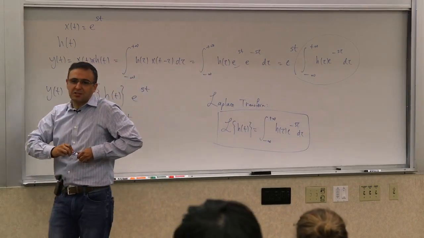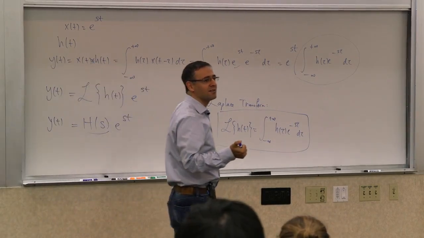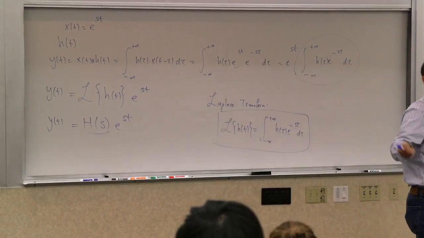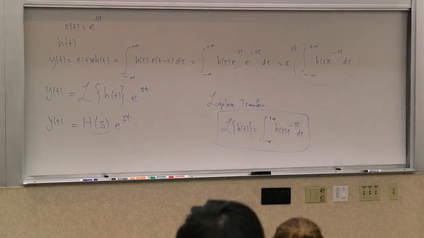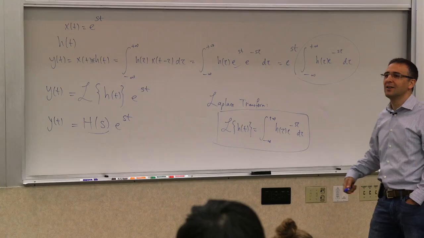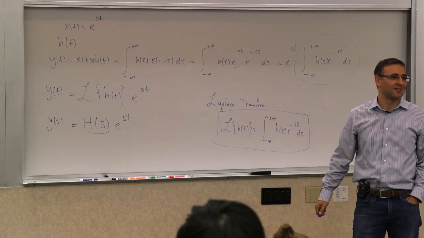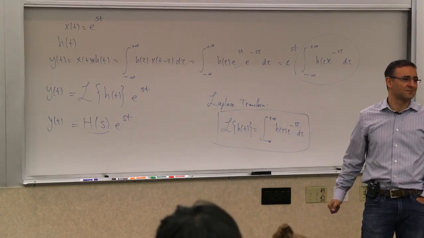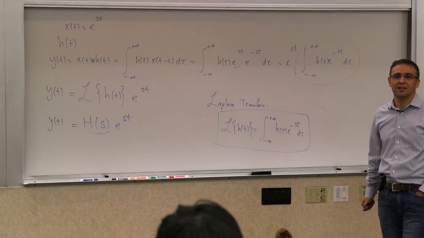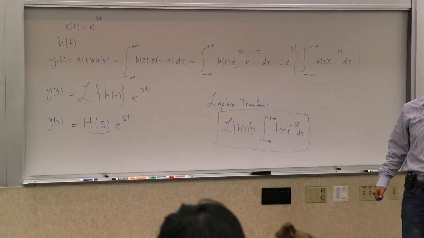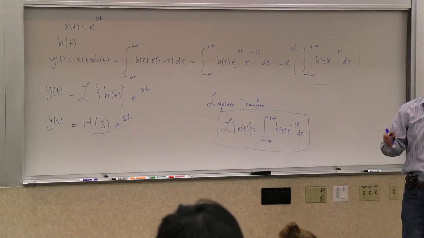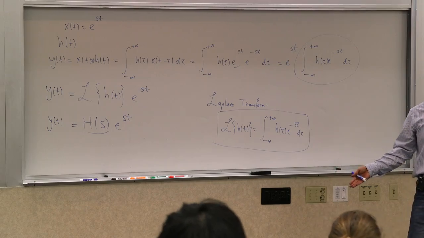So essentially, the Laplace transform is evaluating the system response for an input that's e to the st. The weight of the forced response of a system with an input of e to the st is the Laplace transform. You will see it's a special case of what we've developed.